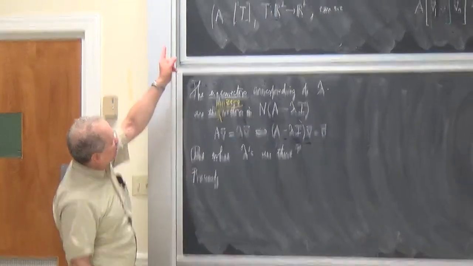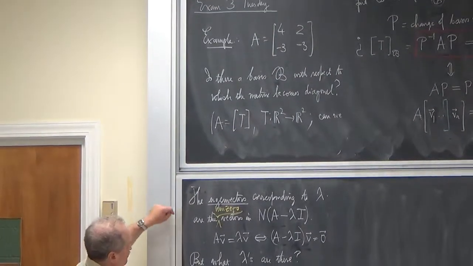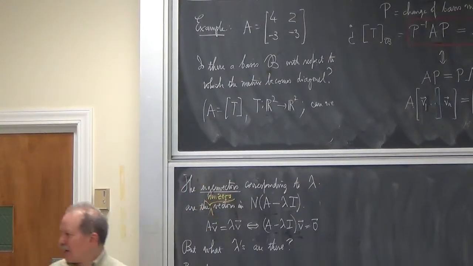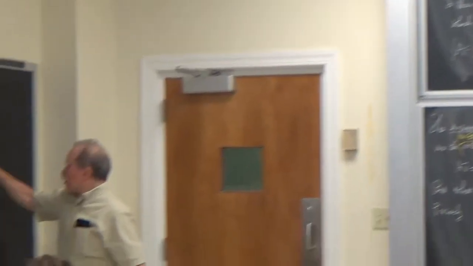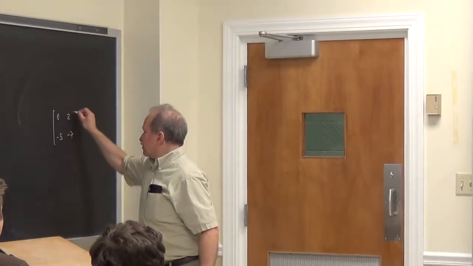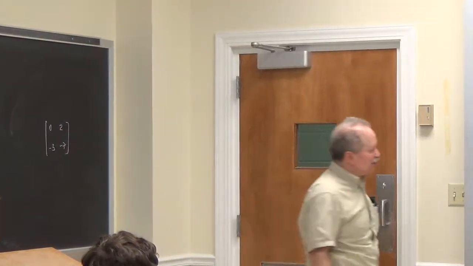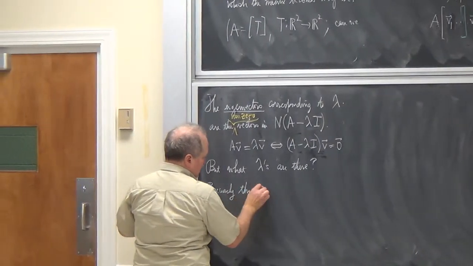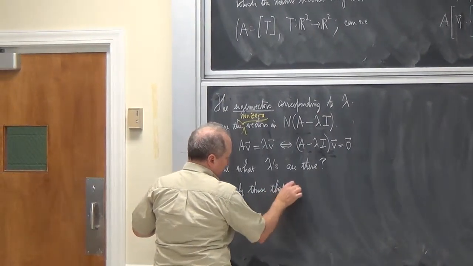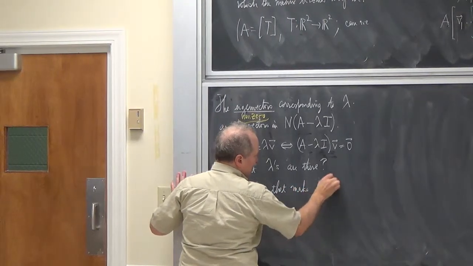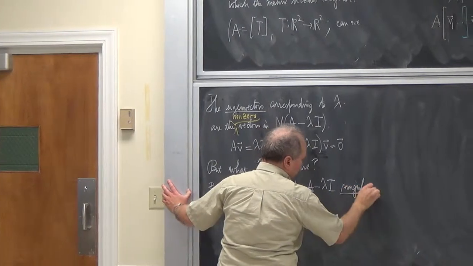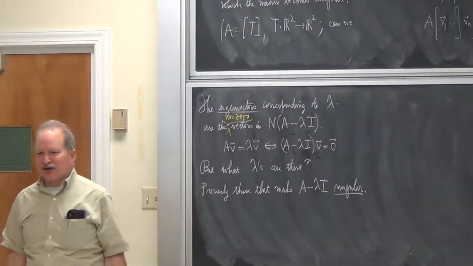Just subtract 4 from the diagonals of that matrix, you get 0, 2, -3, -7. That matrix is non-singular. So precisely those lambda that make A minus lambda I singular. All right, now we proved something earlier this semester.